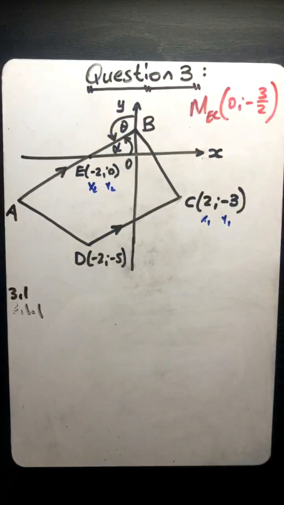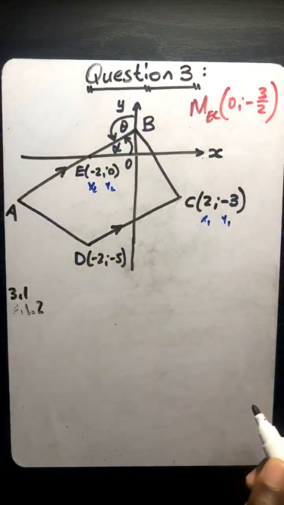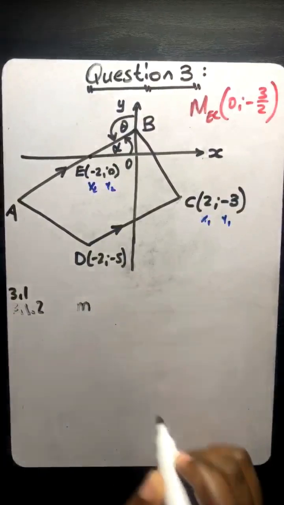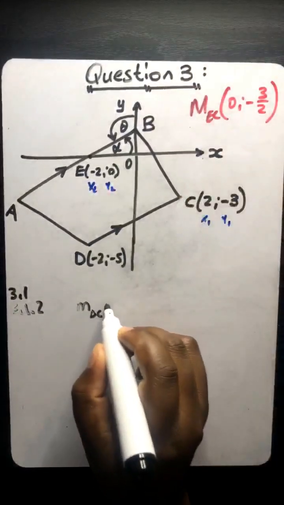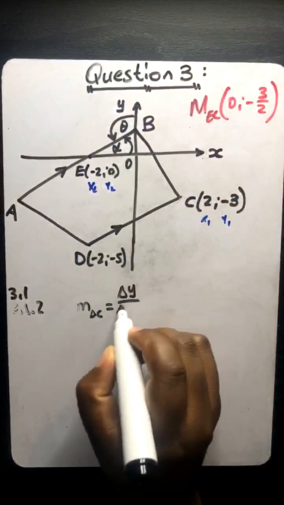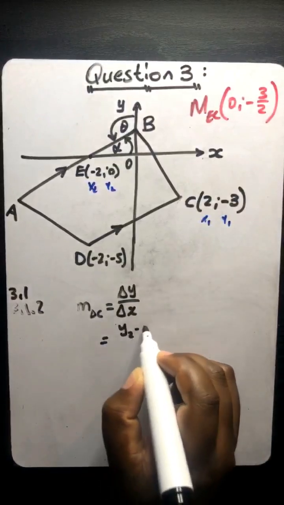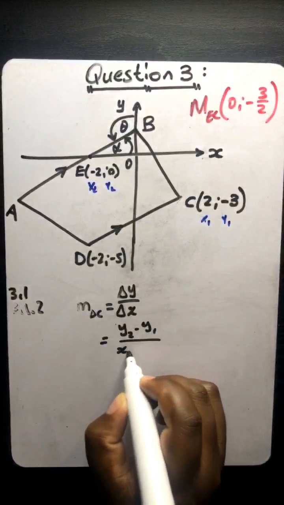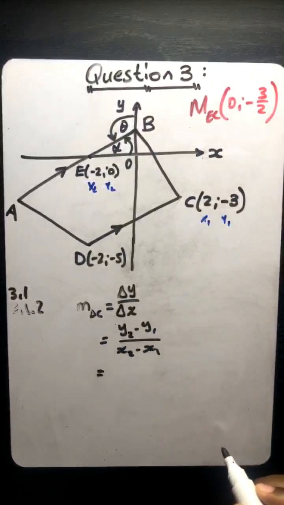So let's see. Next question, it says, determine the gradient of DC. Small letter m for gradient, capital letter M for midpoint. So gradient of DC or CD equals, we know the formula is change in y over change in x, which is equal to y2 minus y1 over x2 minus x1, which is equal to, here comes the question.